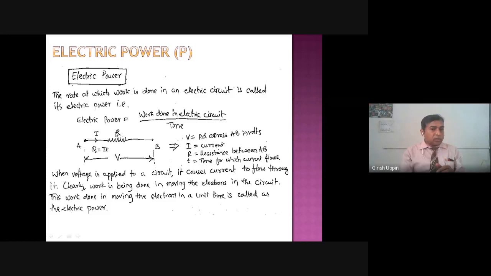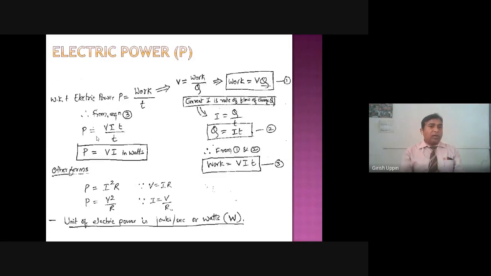That is V, the voltage across the resistor, into I. That is the total power consumed, and power is represented in terms of watts. The higher powers are represented in kilowatts. A kilowatt is 1,000 watts.